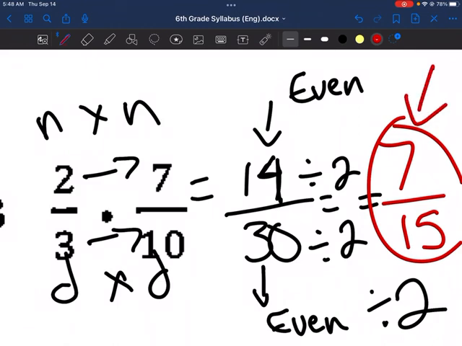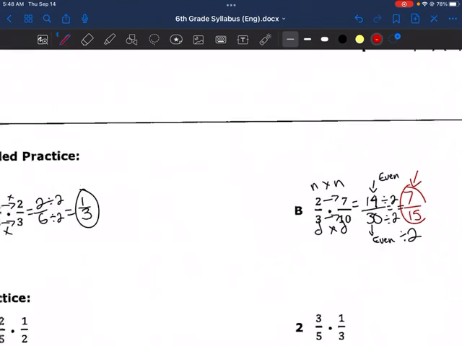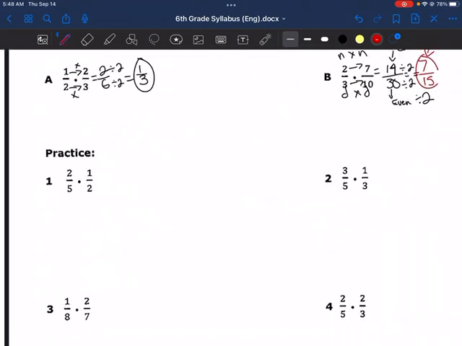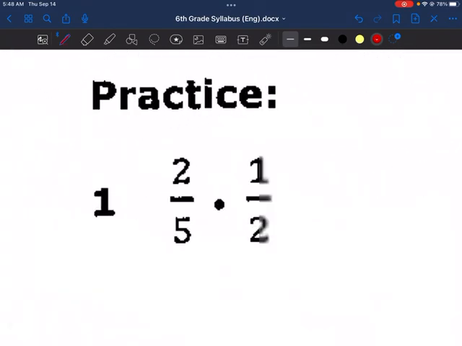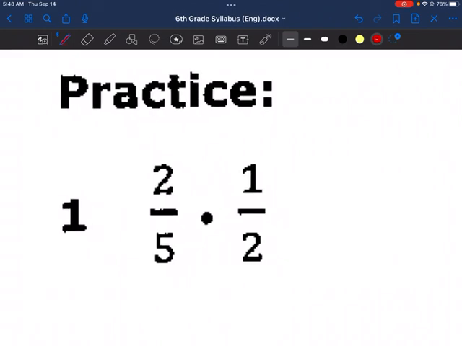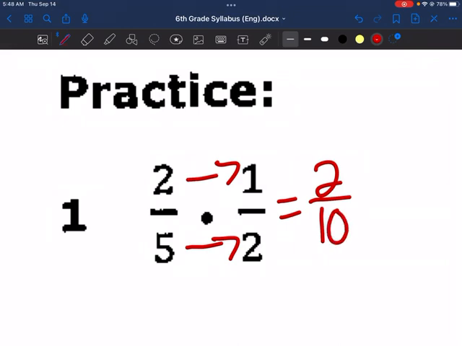That's our answer. Now, this is what we're going to be doing for this lesson. Very, very simple. Top with the top, bottom with the bottom. 2 times 1, 2. 5 times 2, 10. Can we reduce this? Yes.